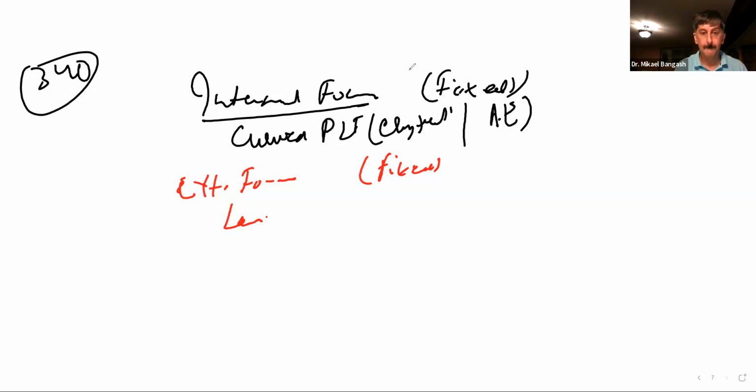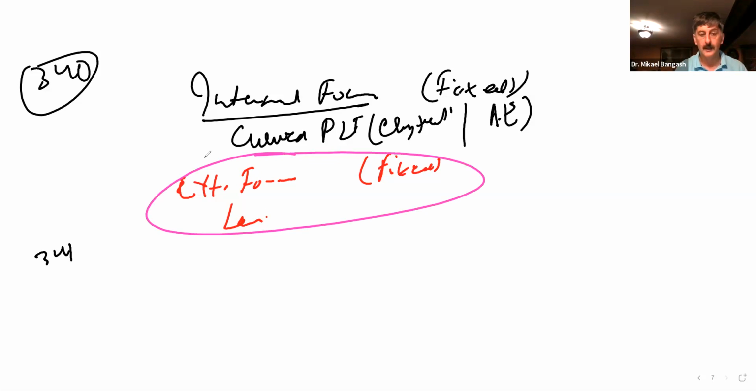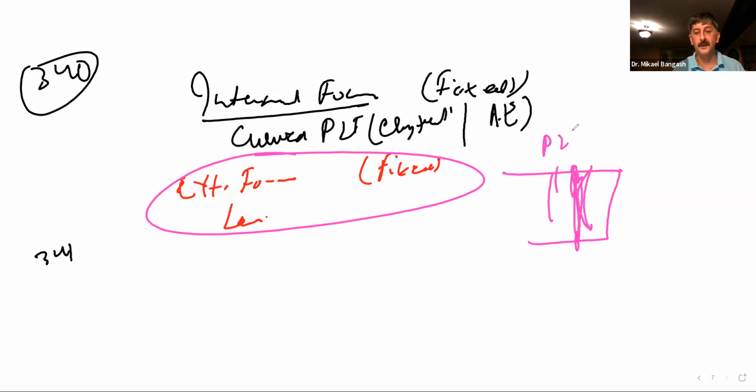Clear? So we can go to 341. Now, which of the following techniques is external focusing? Well, you already answered that one. That's your lens, a curved lens in front of the PZT.